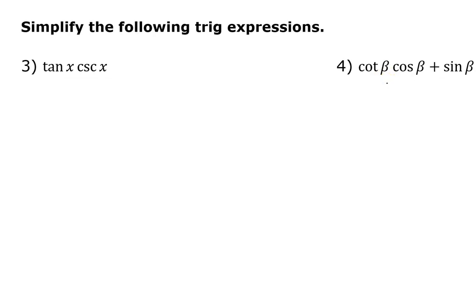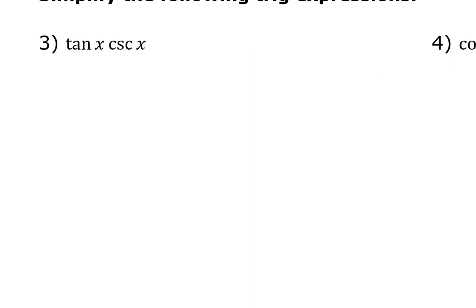Alright, let's go ahead and do problem number 1. Most often, all you need to do is rewrite the expression in terms of sine and cosine. For example, tangent is sine over cosine, so this is sine x over cosine x. Cosecant is the reciprocal of sine, so this is 1 over sine x.